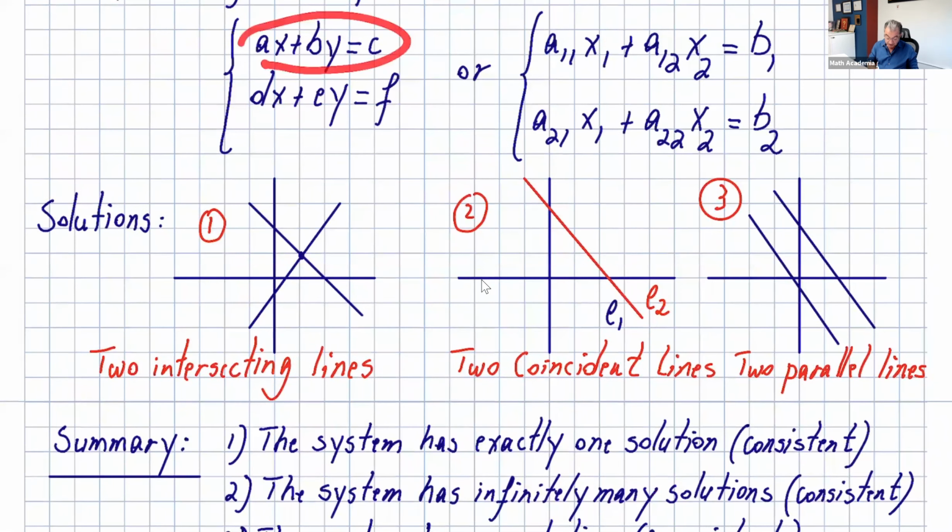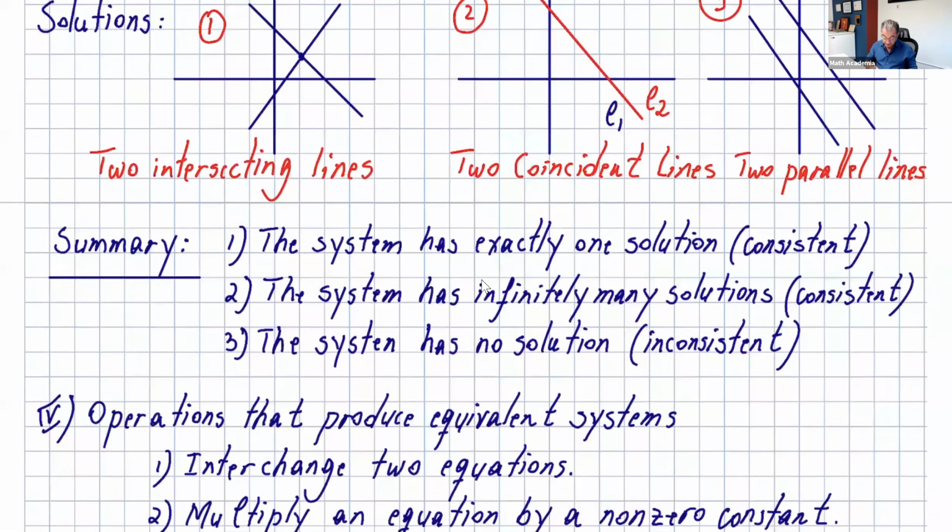Each equation is the equation of a line. So what can happen to 2 lines? Either they cross each other at one point, so they intersect, or they're just one line, the same line, they coincide, or they are parallel, they never cross each other. So that's what we can get with 2 lines.